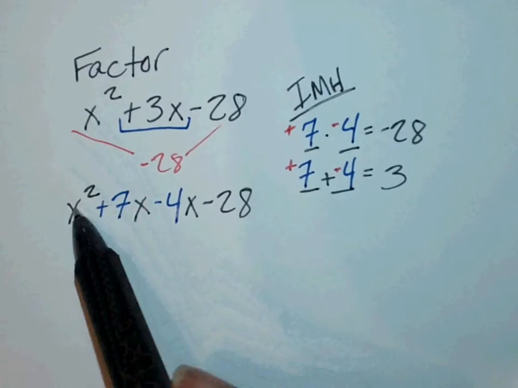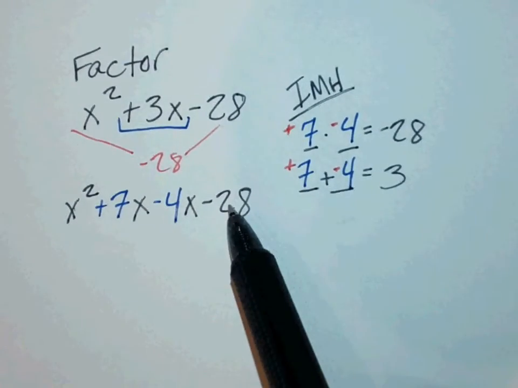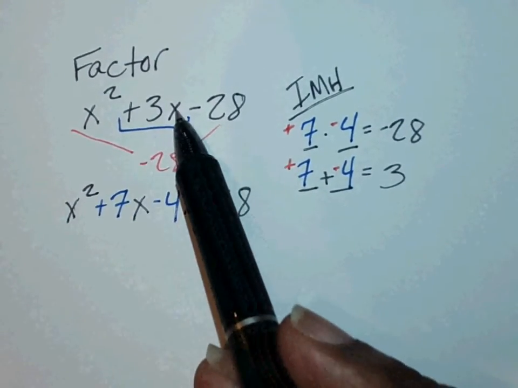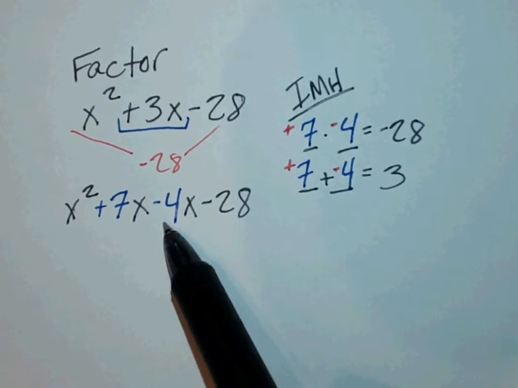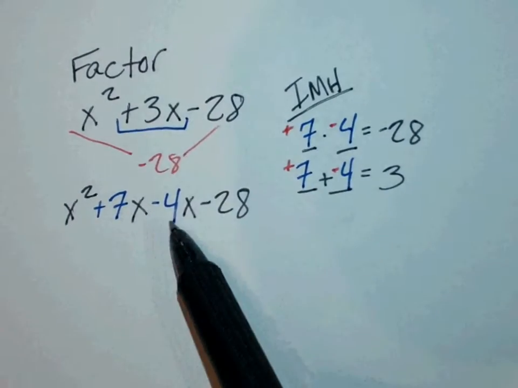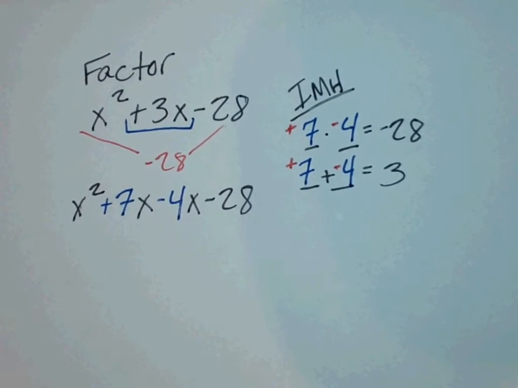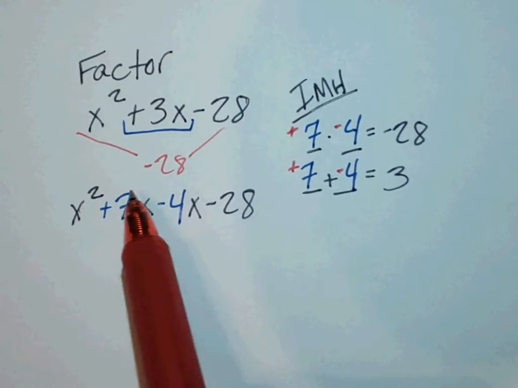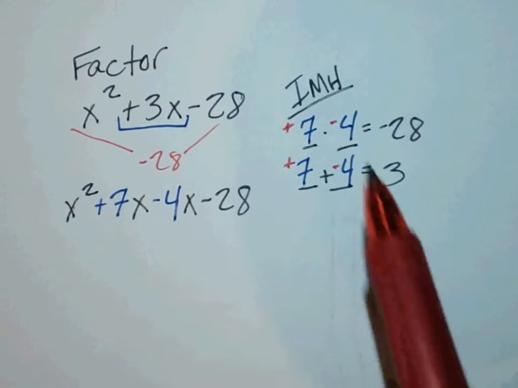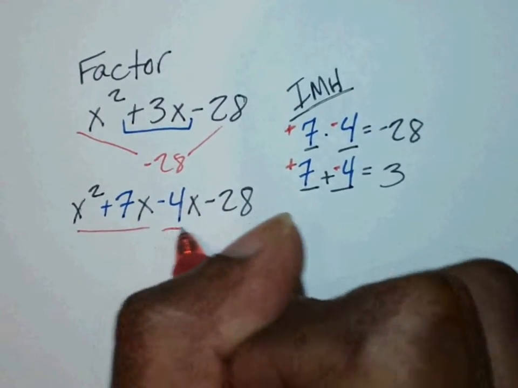Again, I didn't change my x squares, I didn't change my negative 28. I just changed my 3x to a 7x minus 4x. It's still 3x because 7x minus 4x equals 3x. But if I write it like this, if I rewrite my trinomial into 4 terms, I can factor by grouping.